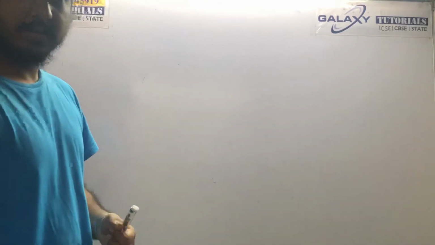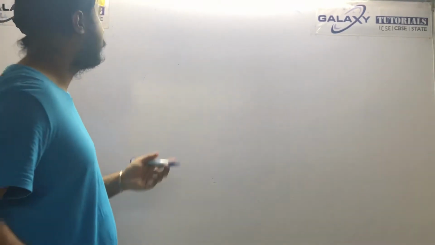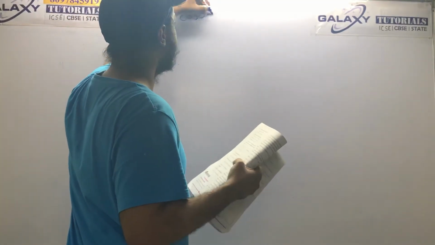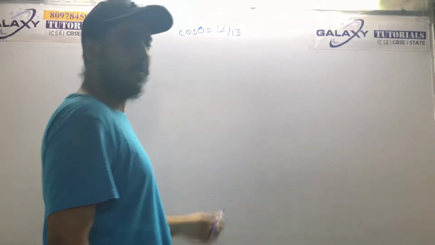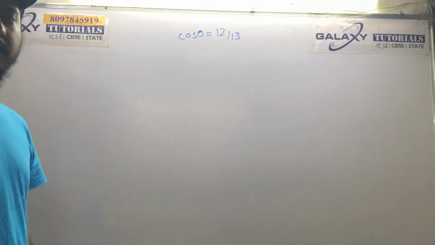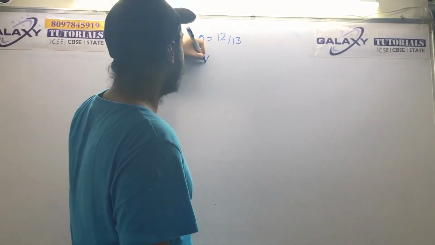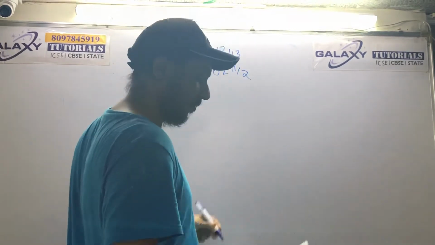First of all I will write the known things in the question, then we will solve this question further. So what is given to us? First thing given to us is cos theta. How much is cos theta? 12 by 13. Cos theta is given to us as 12 by 13. Second thing given to us is that theta lies between 0 and 90 degrees.